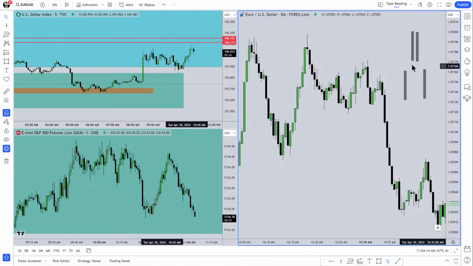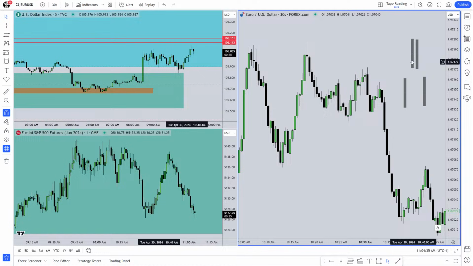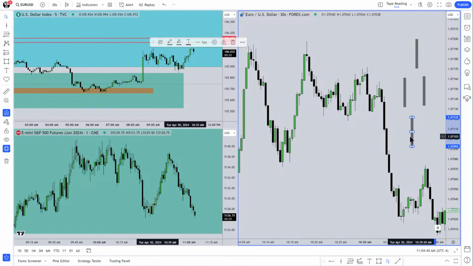This gapping formation here can't happen in our electronic markets now because they're continuously delivering price. But that same phenomenon is occurring between here and here. So what I was doing as a trader, I would look for these island reversals after the market had been dropping, creating scenarios where there's a gap down.